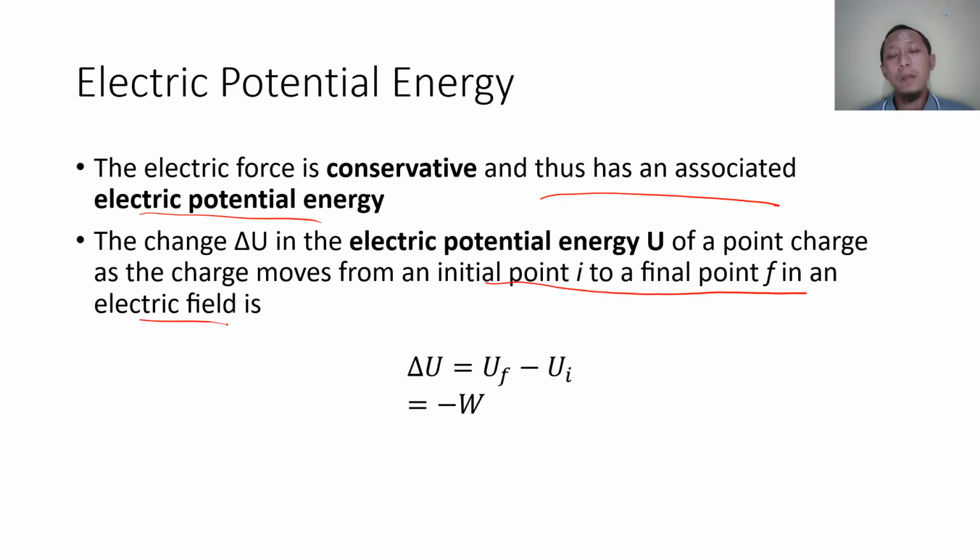So if we have a charge and the charge is moved from one side to another side in a similar electric field, we can measure the electric potential energy. So the delta U, or electric potential energy, is UF minus UI, where UF is the final point and UI is the initial point. So we get minus W.